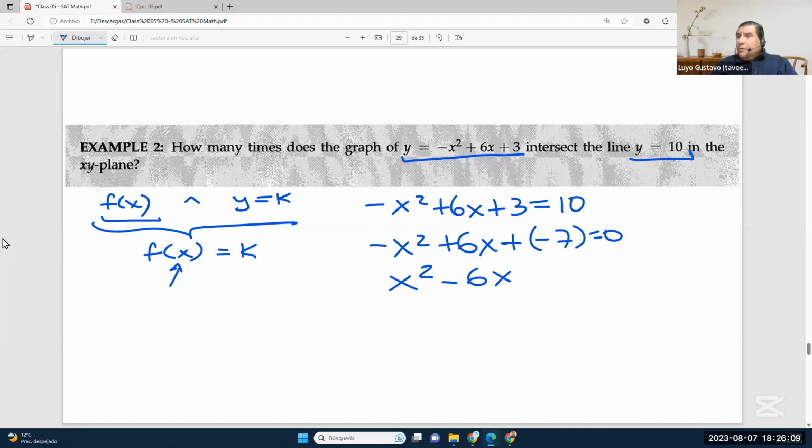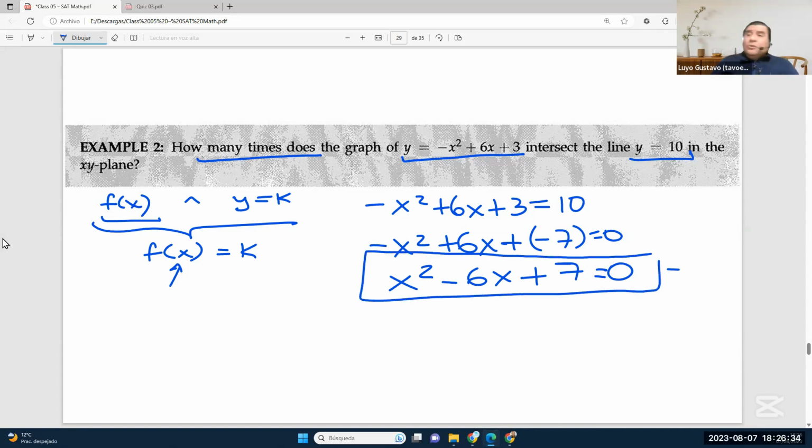On both sides, multiply by negative 1, and you get x squared minus 6x plus 7. So, something interesting. If you want to know how many times this graph intersects, it's the same as knowing how many solutions this has. But for the number of solutions, you don't actually need to solve this.